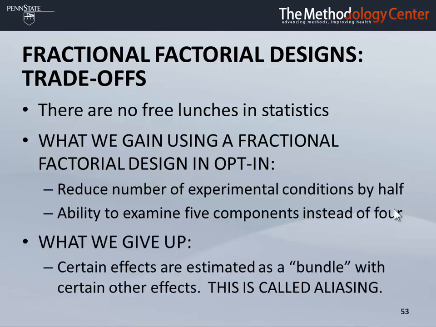So we chose the one that gave us the ability to look at 5 components, but whenever you start pulling conditions out of a factorial experiment, certain effects are estimated as a bundle with certain other effects, and that's called aliasing in statistics. That's undesirable, but it's a deliberate trade-off that we made here.